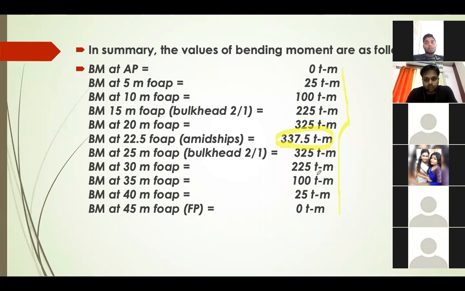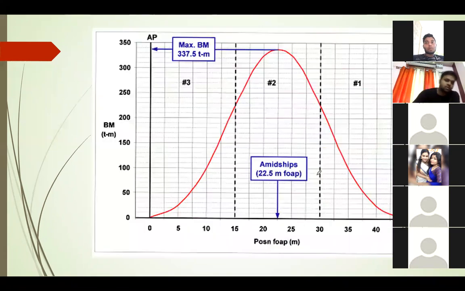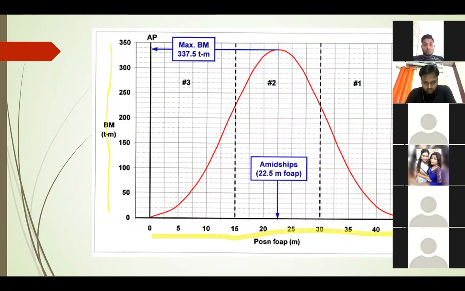If you plot these values on a graph, this is how your graph will look like. On the x-axis, you will have bending moments. I have taken maximum up to 350 because you will have 337 here. And this will be your length of vessel at 5 meters intervals. So you start plotting the graph.